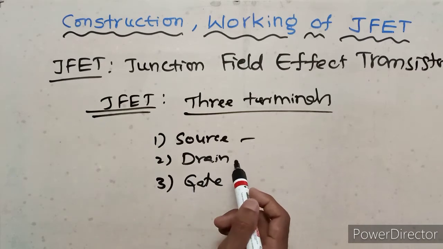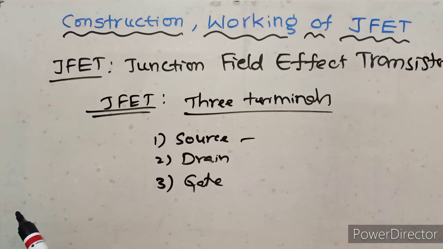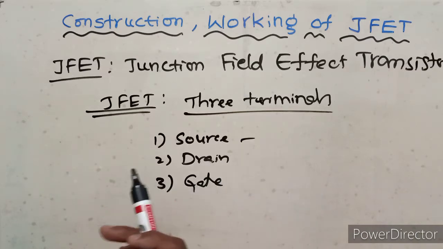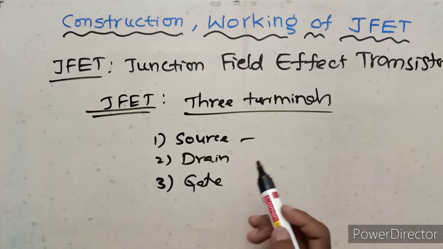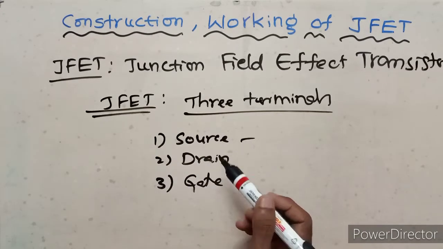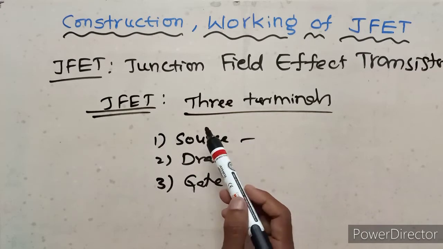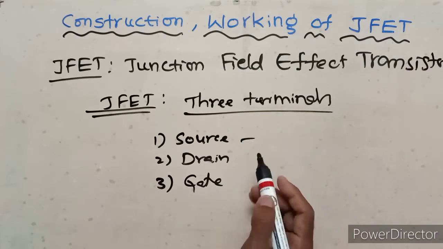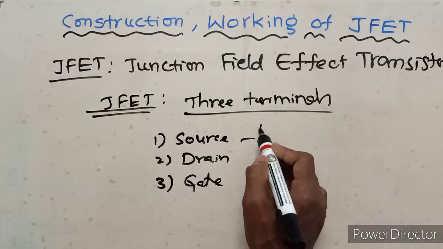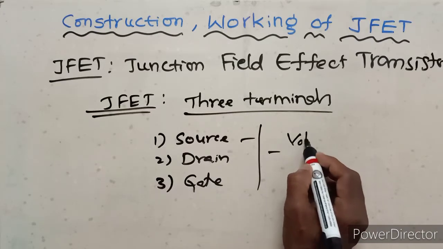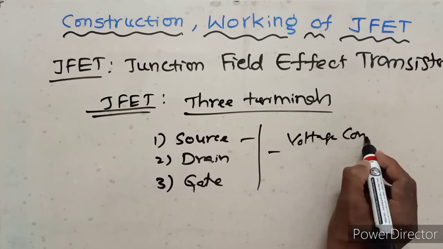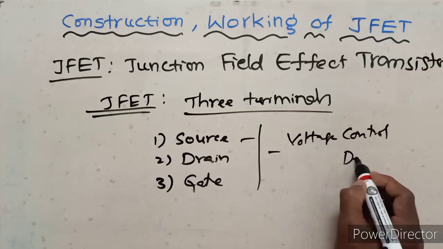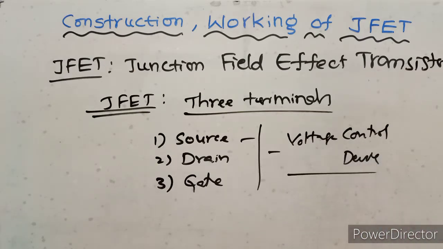Source is the emitter, drain is the collector, and gate is the base, similar to a BJT. So JFET is a three-terminal semiconductor device. This is a voltage controlled device.